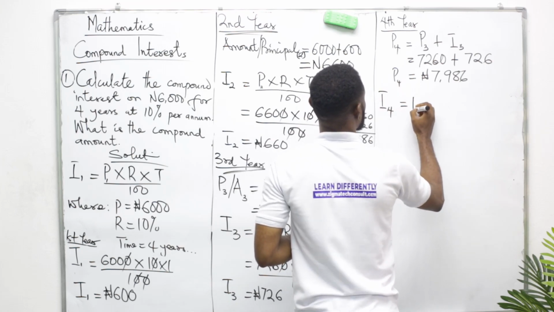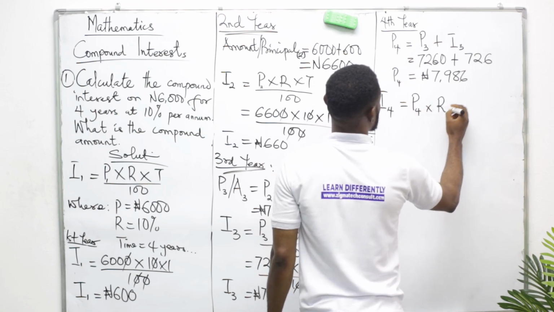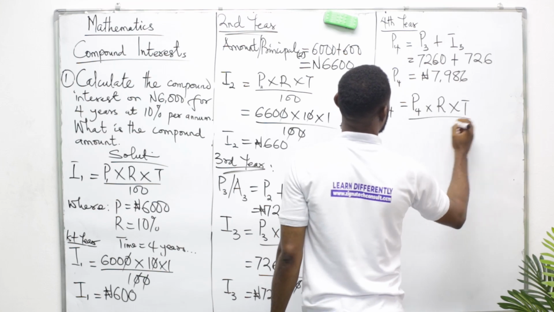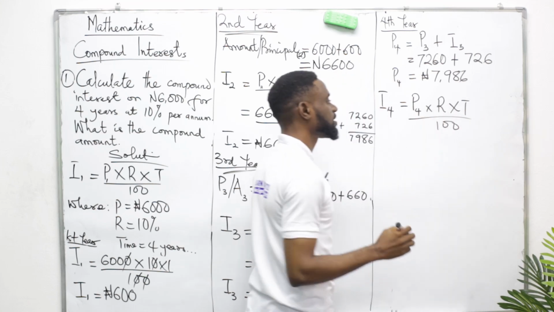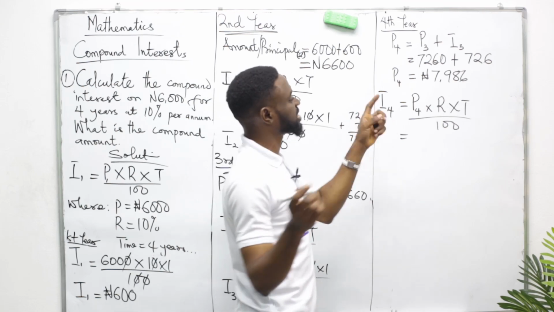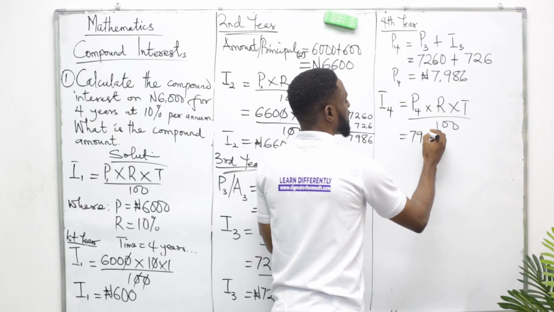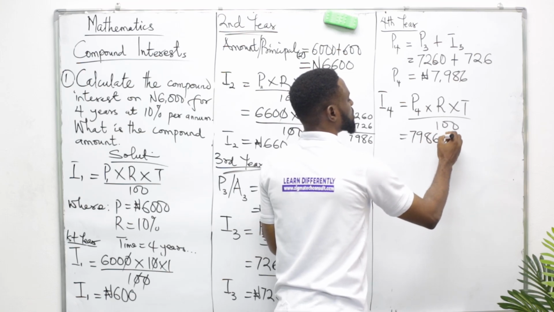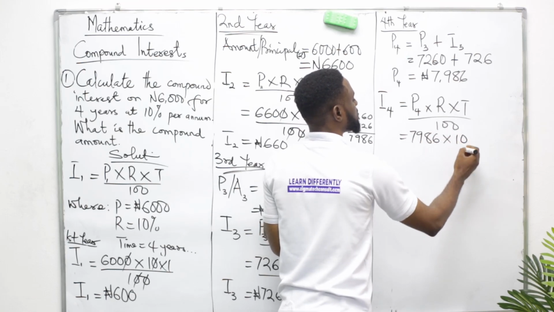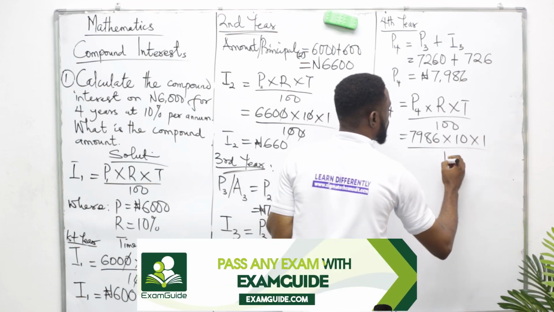It will be equal to principal of the fourth year times rate, which is constant, times time all over 100. So our principal for the fourth year, 7,986, multiplied by our rate of 10% times 1 all over 100.